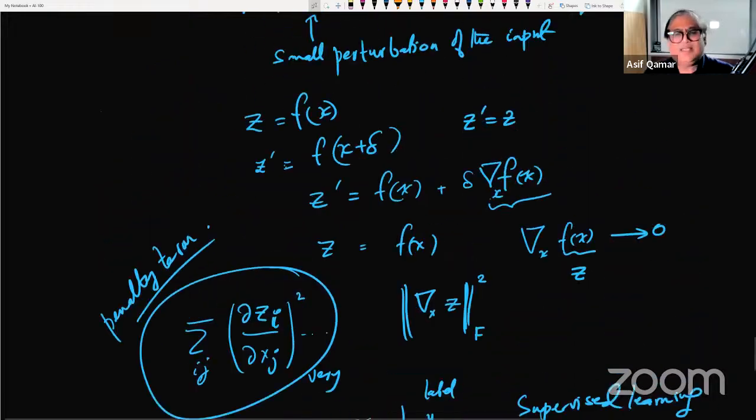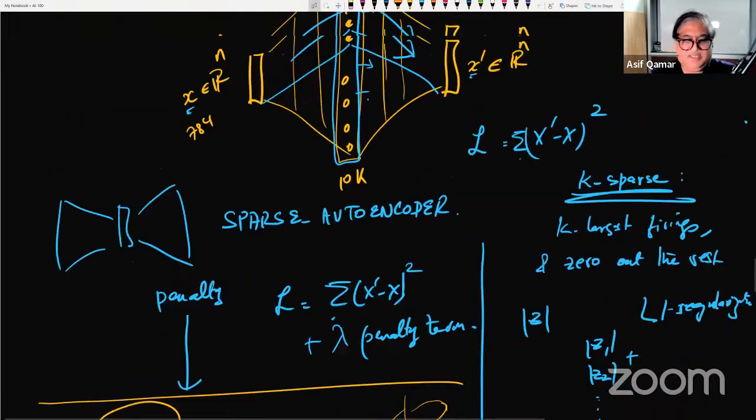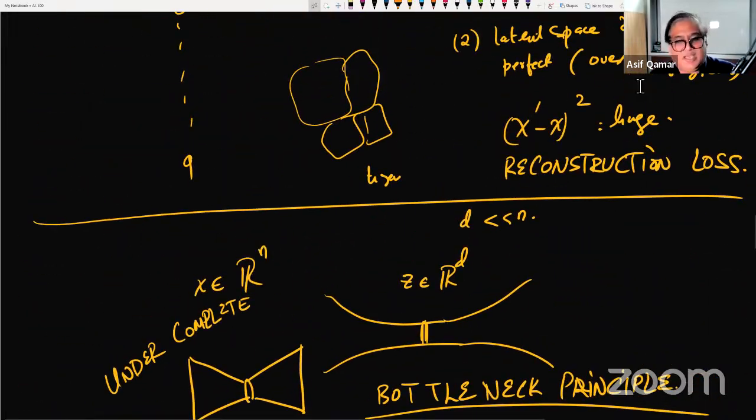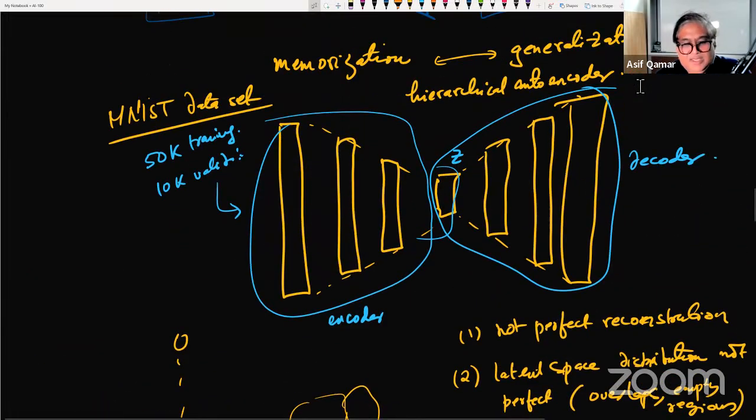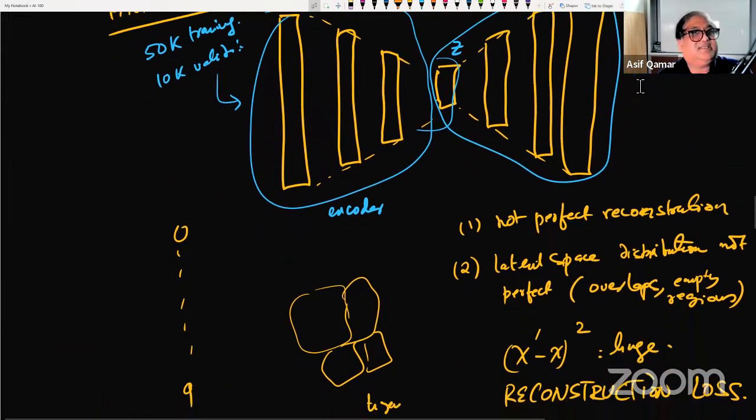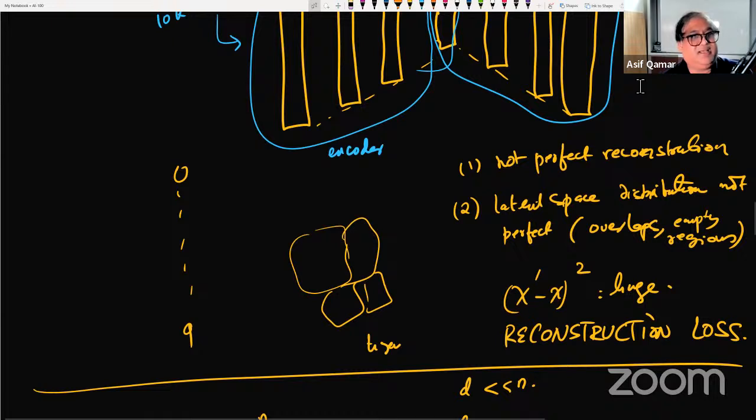Now, I'll tell you why the way I described autoencoders at this particular moment has a bit of a problem. The latent representation, remember I said that you can do vector arithmetic. If I take the encoding of the letter 8 and the encoding of the letter 3, and I take an in-between point, theoretically, I would like to see 8 gradually melt into 3.